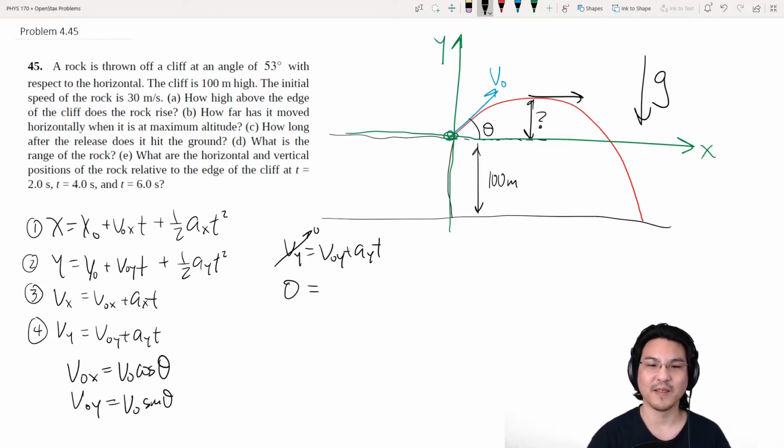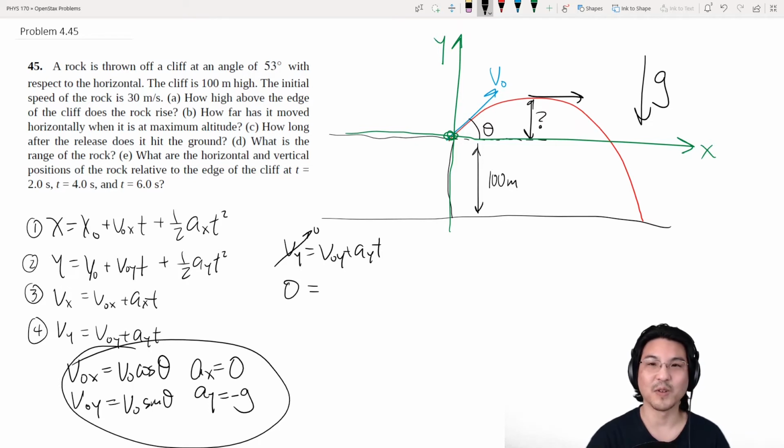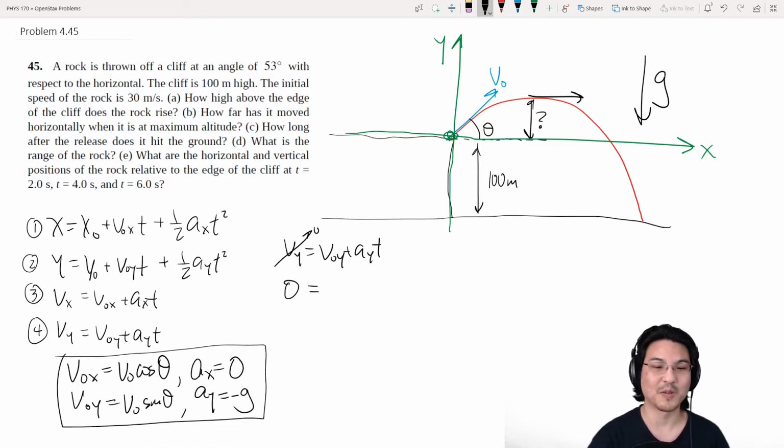So the x component of the acceleration is 0. The y component of the acceleration, since y is this way, would be negative g. This is not universally true; it's for this particular choice of coordinates.